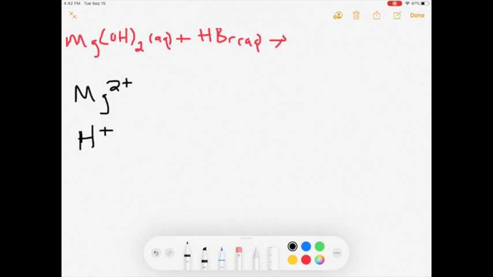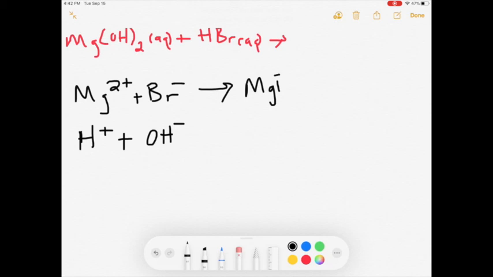So we're going to switch our anions. Bromine is going to go with magnesium, and hydroxide is going to go with hydrogen. I'm not going to bring that 2 down because it was from magnesium. So I'm going to get MgBr2 and water.